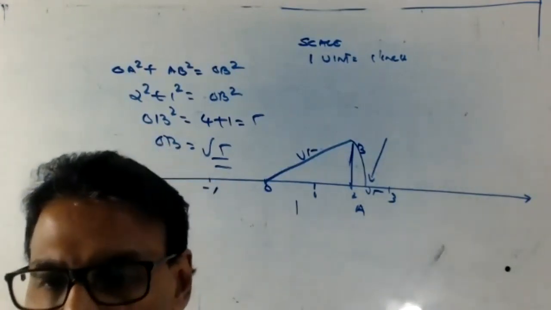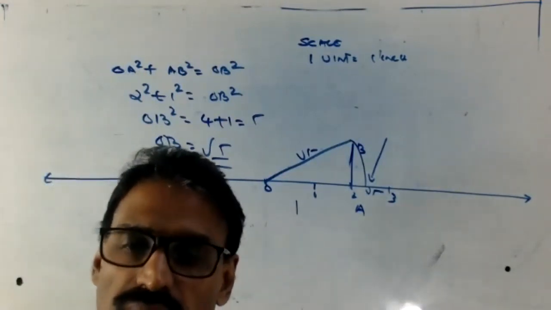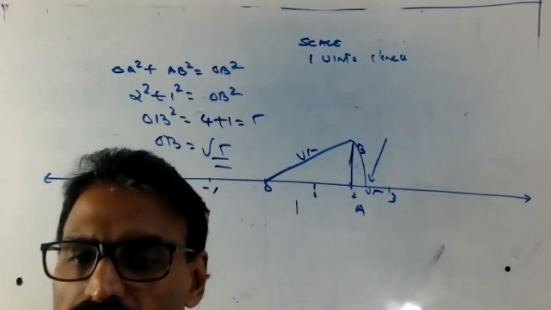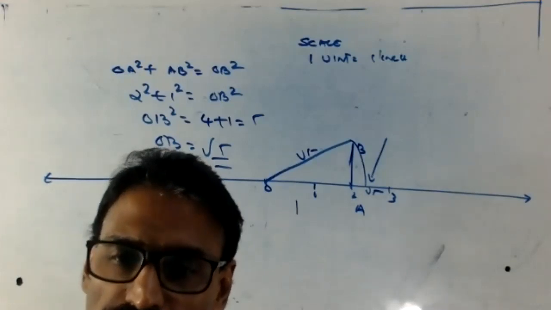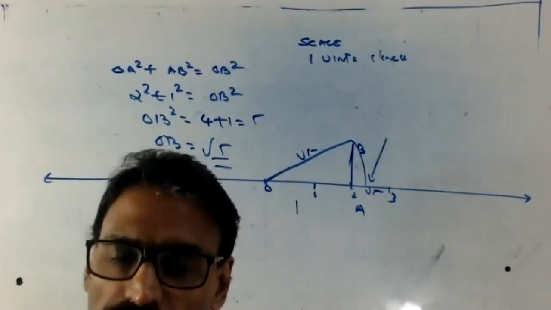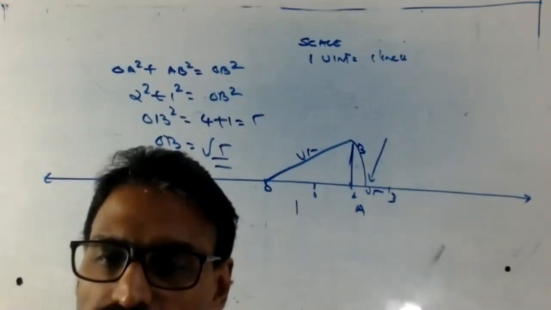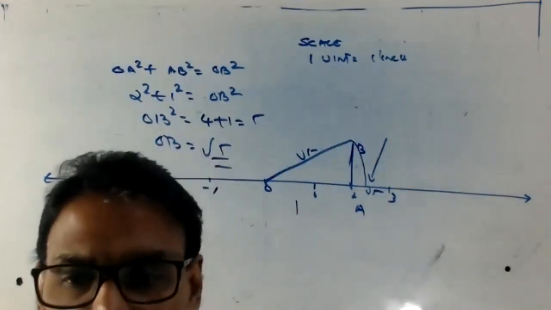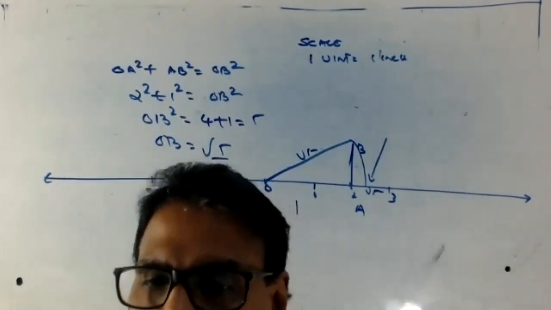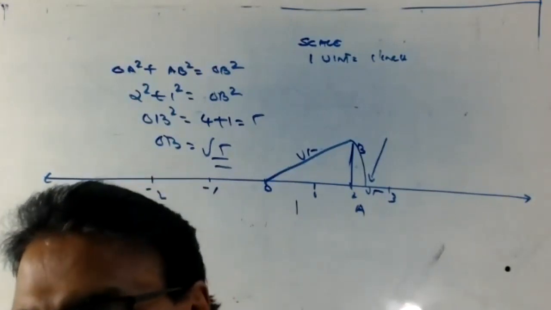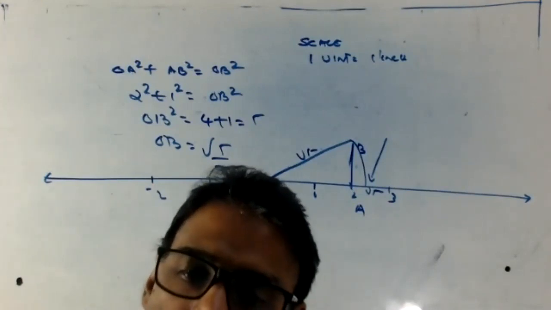My suggestions: 2 centimeter, 1 unit, or 1 unit, 2 centimeter, or 1 unit, 1 inch, or 1 unit, 3 centimeter, or 1 unit, 1 centimeter. These are my suggestions. You can take your own scale. Clear now? If you take 1 unit, 2 centimeter, everywhere 1 unit should be 2 centimeter or 1 inch.